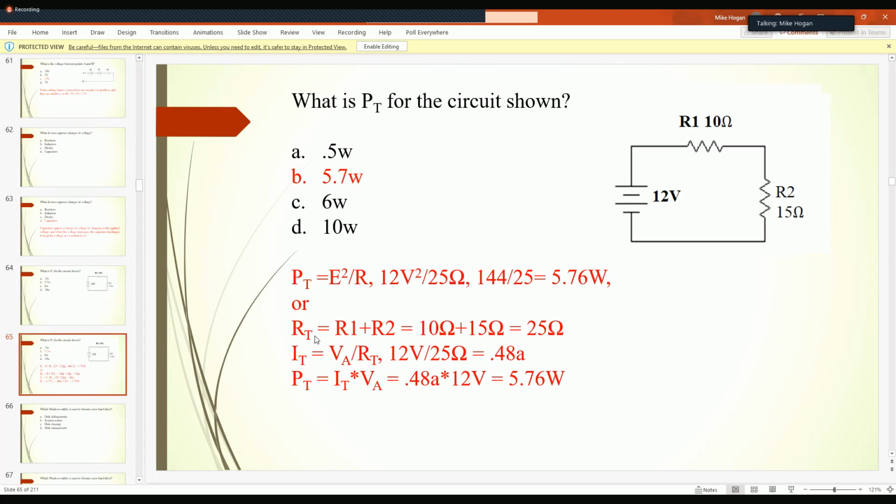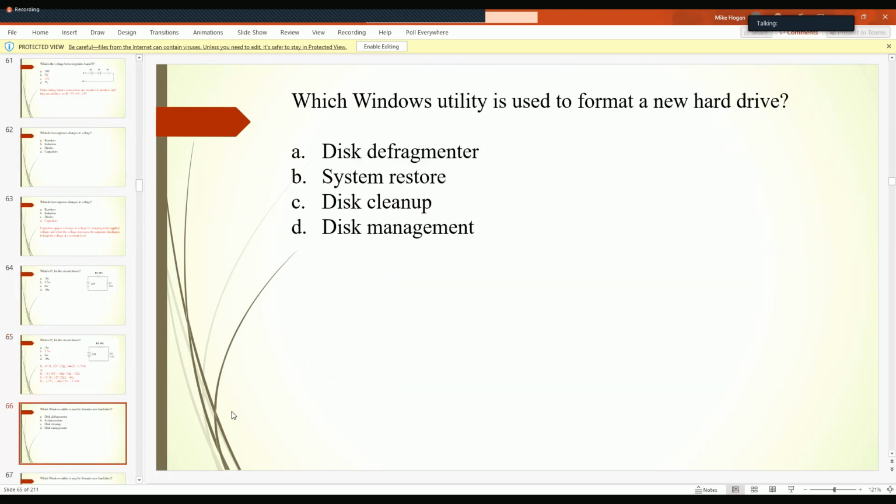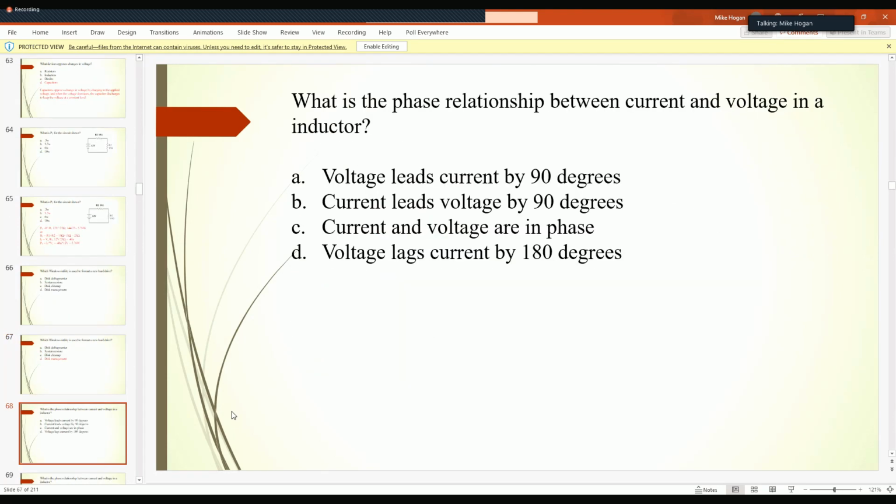Or calculate your total resistance, 25 ohms. We use Ohm's law to figure out our current of 0.48 amps. And then we use the power formula, current times voltage, which is going to give me 5.76 watts. Yes. We'll talk about that later.